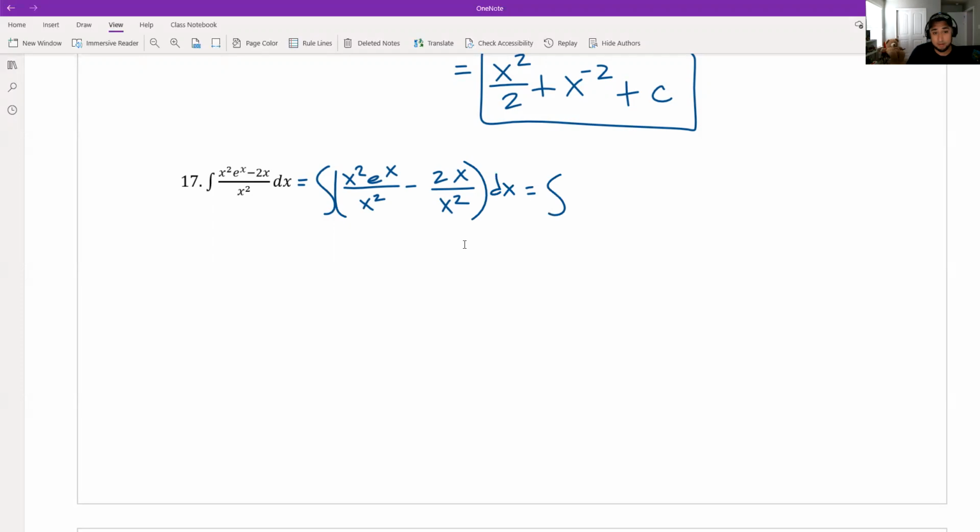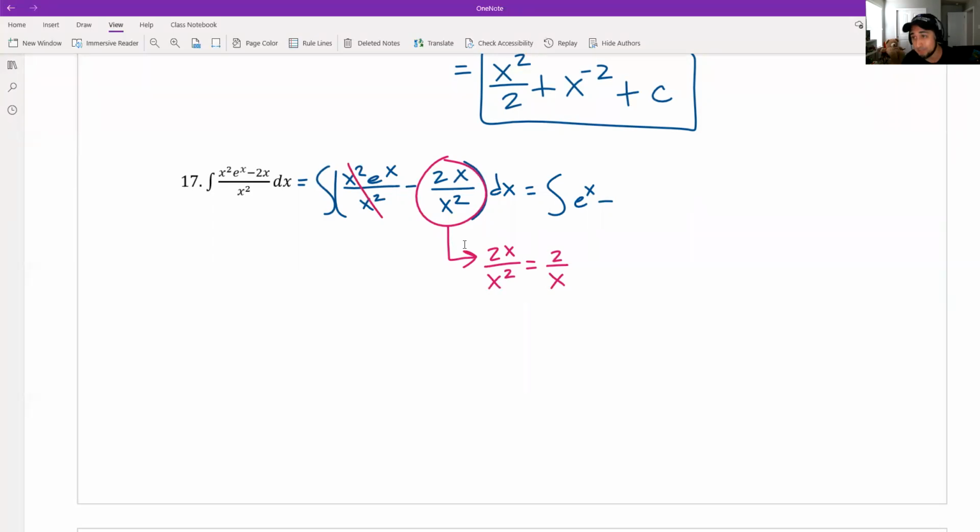These x squareds cancel, leaving you with e to the x minus, and again, let's take a peek at 2x over x squared, which means that this becomes 2 over x, which we will leave as that, 2 over x.